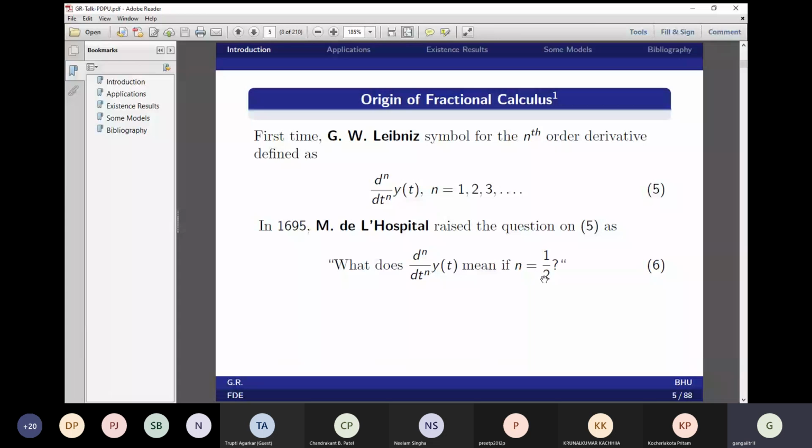Okay, so this was the origin of the concept, and from that day fractional calculus arose.